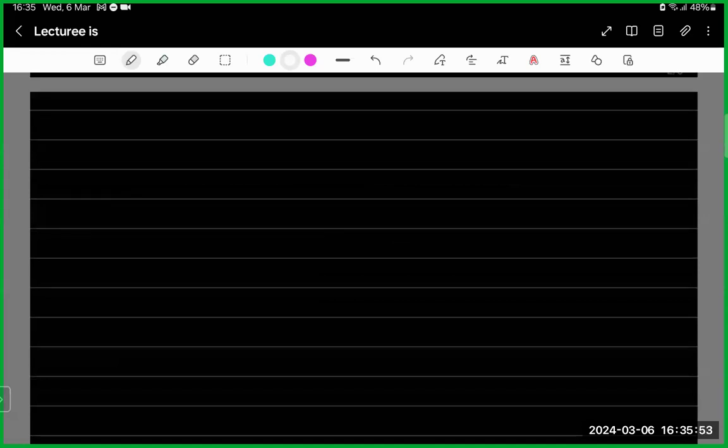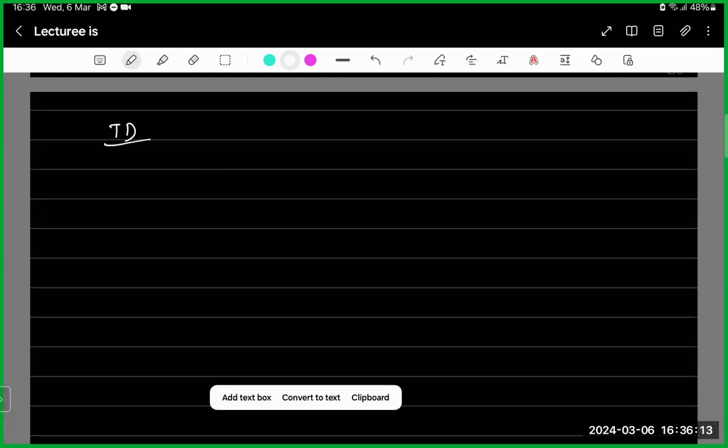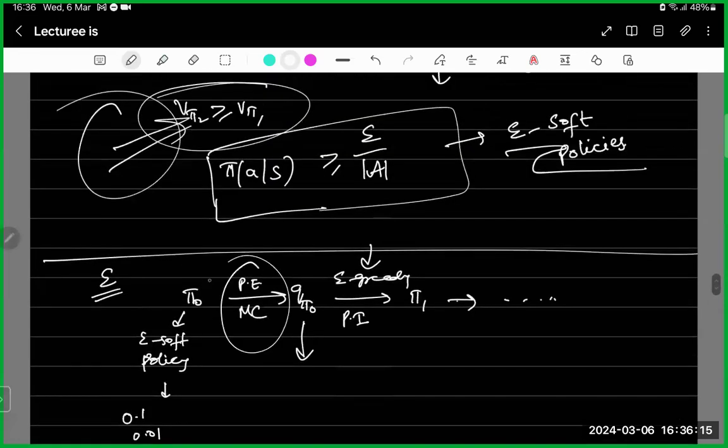Then what is the topic that we want now? How to do control with TD methods, temporal difference methods. Similarly, we'll look at epsilon greedy improvements. So the rest of the thing will remain the same, except that just this part will change.